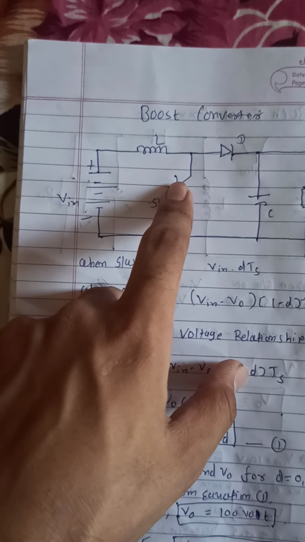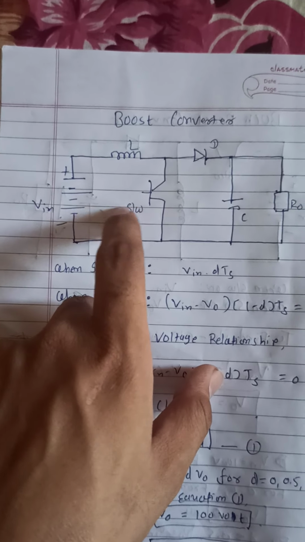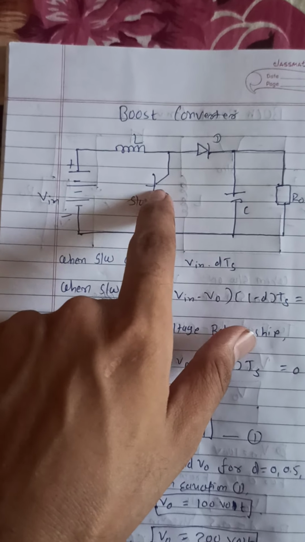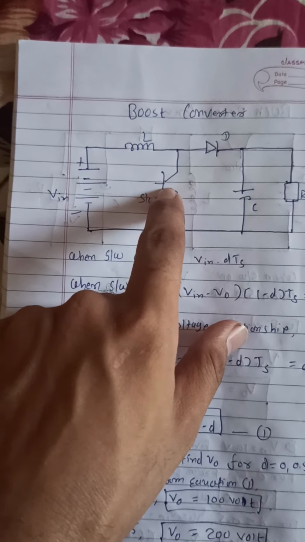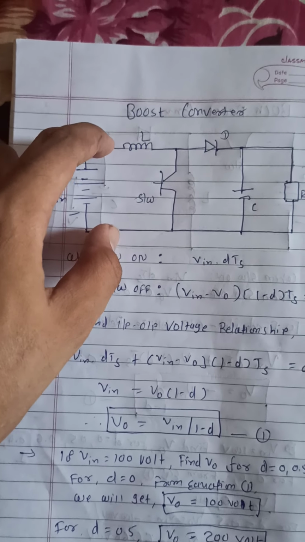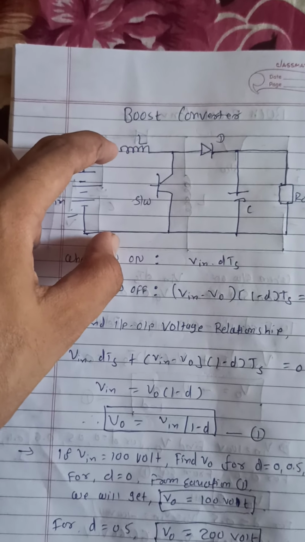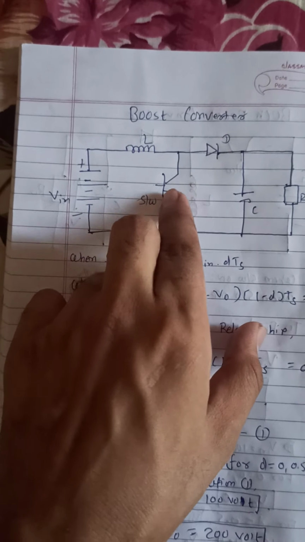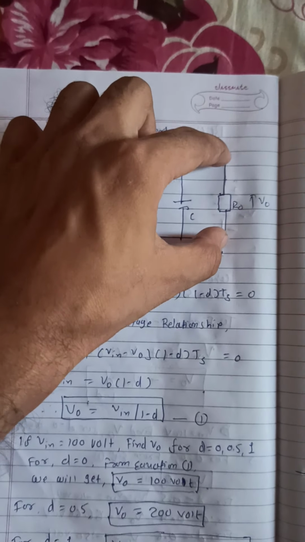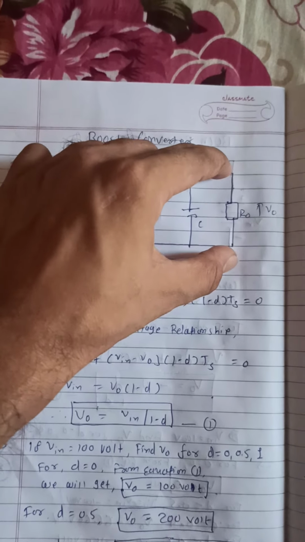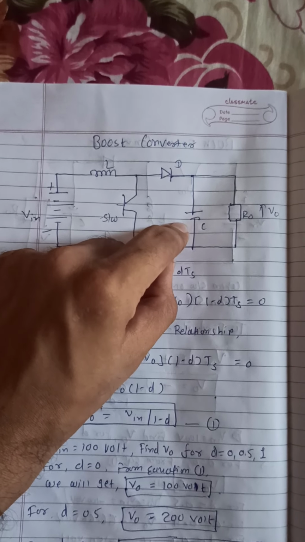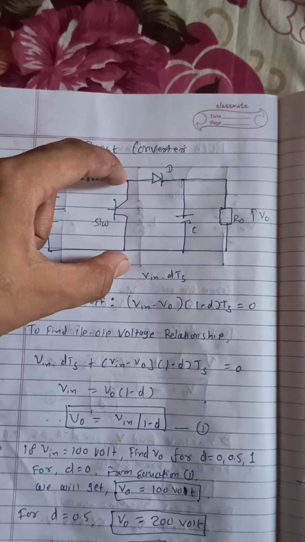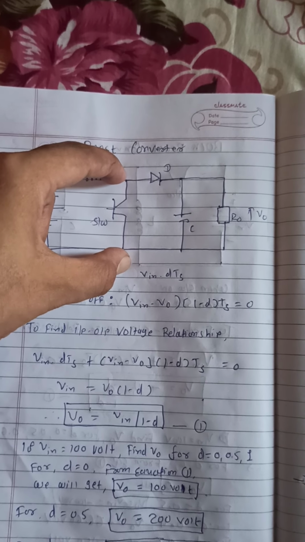Okay, now I am removing the gate pulse. What will happen? That means the switch is open. At the first terminal again the input voltage V in will appear, and whenever the switch is off, meaning the switch is open, whatever voltage V0 is across the load, or the charge in the capacitor, that voltage appears at the second terminal of the inductor.